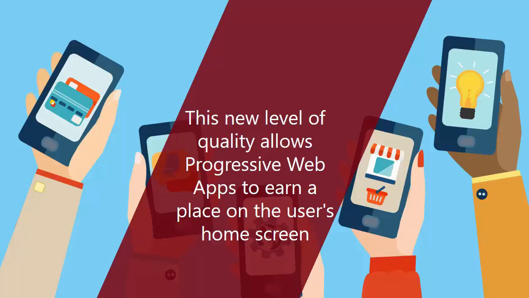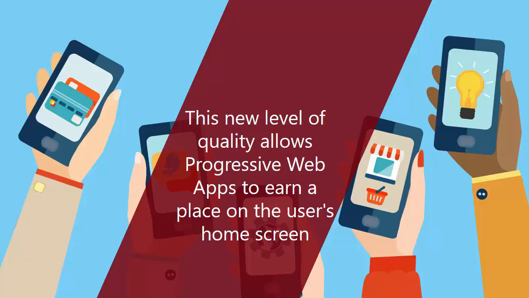And progressive web apps, basically this is a new level of quality, and because you've got this new level of quality, this new level of experience, you can ultimately earn a place on the user's home screen. And this is one of the clear advantages that native applications have had, because when you've reached that point where the customer is willing to go through all the steps necessary to download your native application from the platform's application store, your icon is now sitting on that desktop.